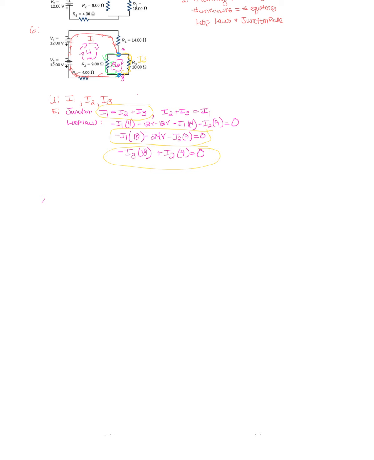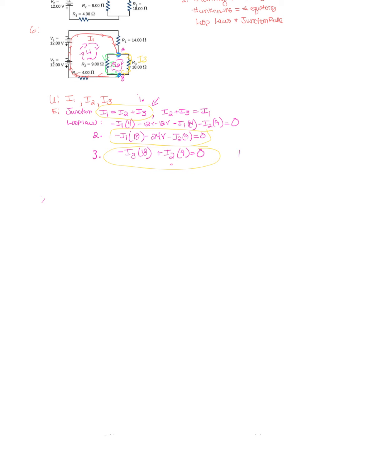We've already solved for I1 using I2 and I3. So let's plug 1 into equation 1. We'll call this equation 1, this will be equation 2, and this will be equation 3. Let's plug 1 into 3.